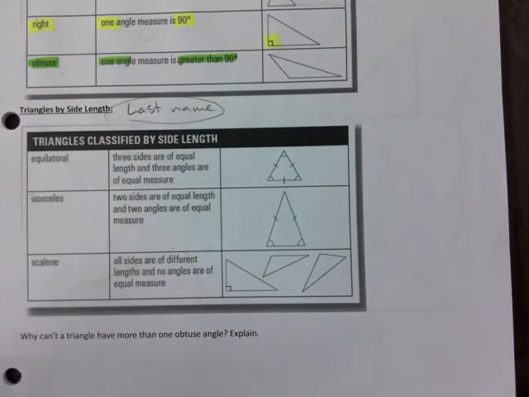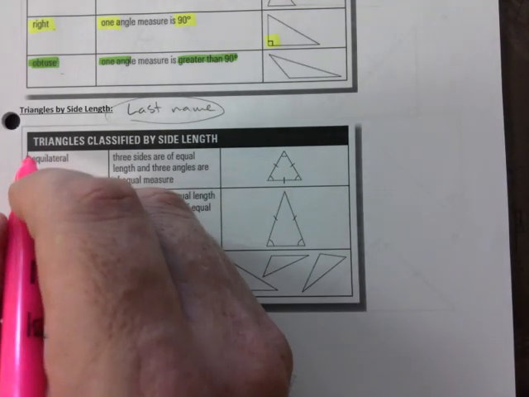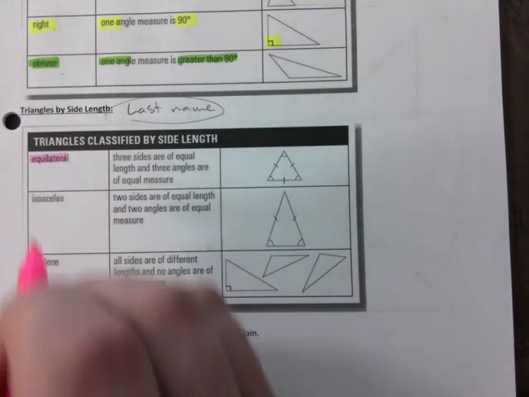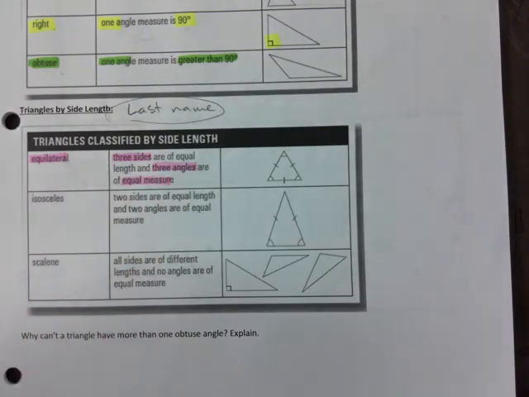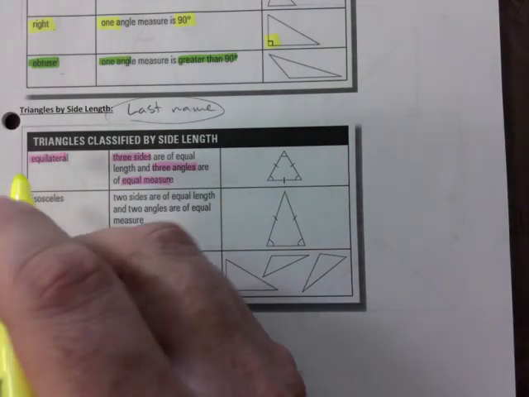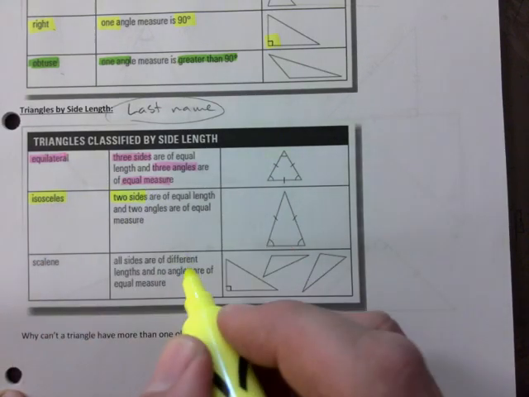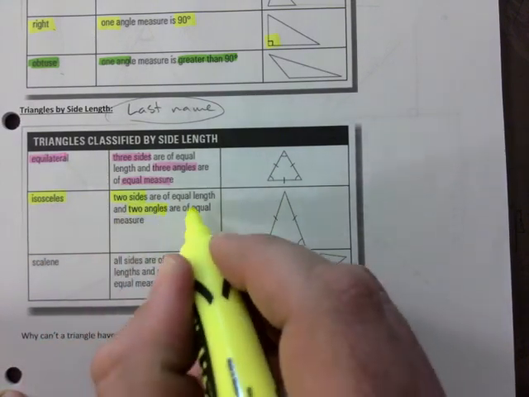Side length, I'm going to use colors as well. Equilateral: three sides and three angles are equal measure. That's how you know it's an equilateral. Isosceles is when two sides and two angles are of equal measure.